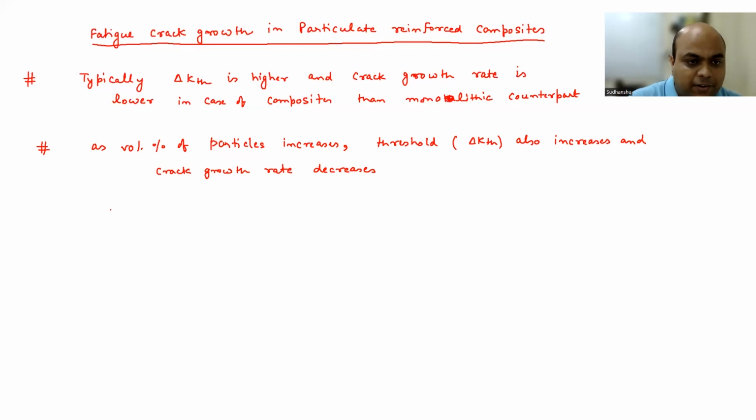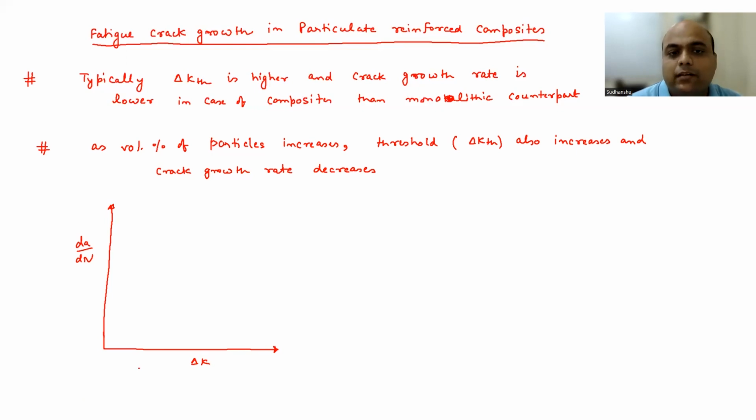Okay. So if I draw the fatigue crack propagation curve, and what do we have on the y-axis? dA by dN, and x-axis delta K, right? So let me draw for the first point. So we are comparing the crack growth rate behavior for monolithic and MMCs, right?